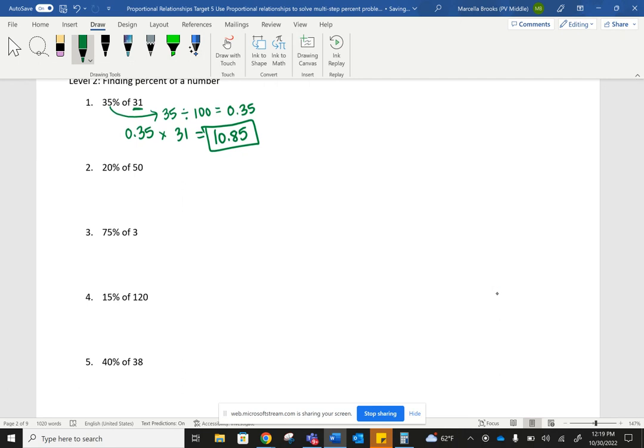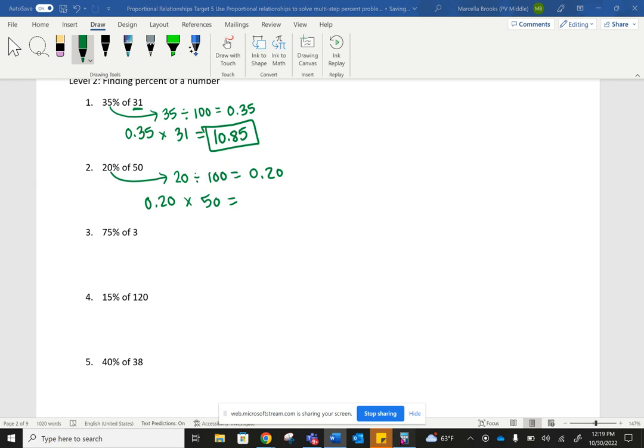Let's practice again. So first we turn our percent into a decimal. So we're going to do 20 divided by 100. That gives us the decimal 0.20. And now we just take our decimal version of the percent and we multiply it by the number.